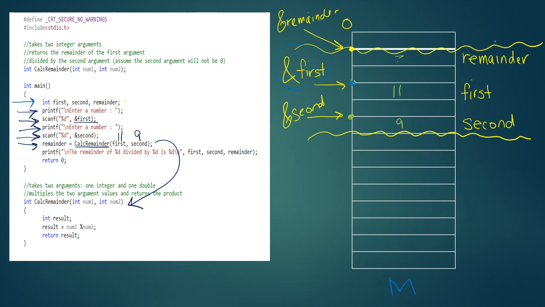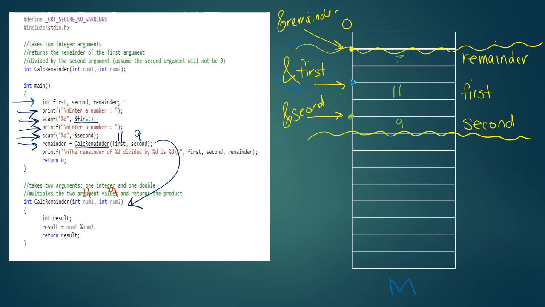So when this function gets called, I'm going to pick a different color like red. 11 is going to get passed in here, and 9 is going to get passed in as the second parameter, or the second argument. So when this function calc remainder gets called, this variable called int num1 is just like saying int num1 equals 11.